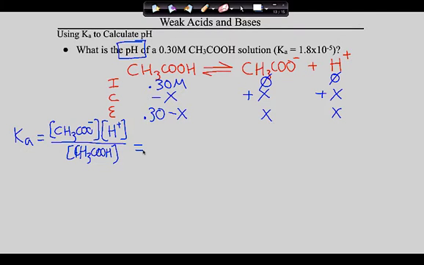Now, guys, this is where this gets good. Actually, you know what? Maybe not equal signs there. It's a little misleading. So now, what's our Ka value? 1.8 times 10 to the negative fifth. We've got to be given that. Is equal to, what is our concentration of acetate and hydrogen? X. So we're going to call that X squared.